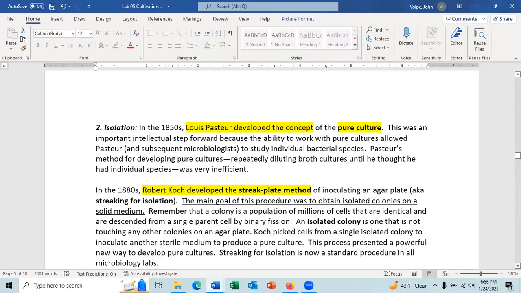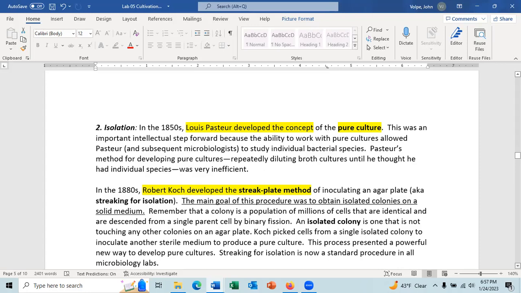Louis Pasteur initially developed this idea, and he developed a way of isolating bacteria to get a pure culture, but it wasn't very efficient. He used limiting dilution, and he would make several different dilutions of the bacteria, and then have 10 tubes of each dilution.